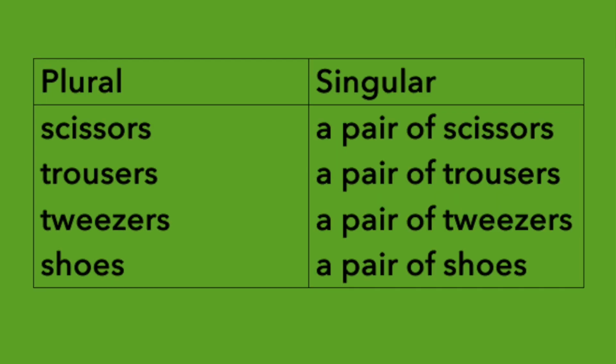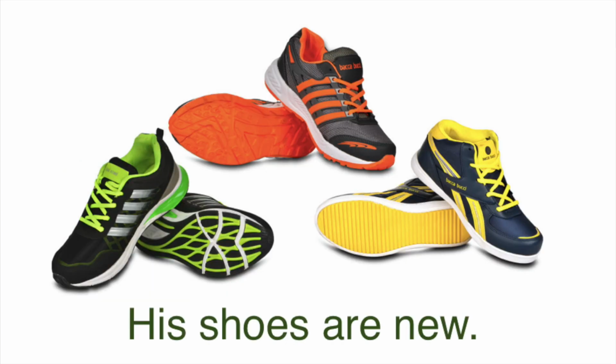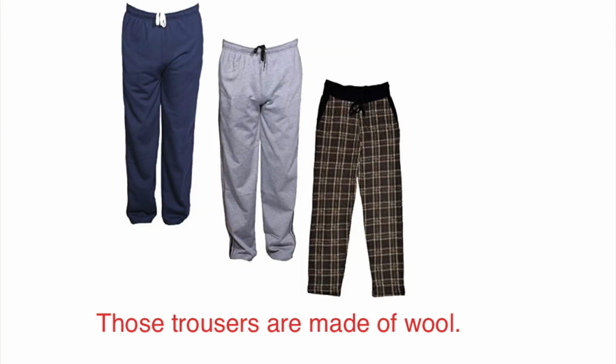Nouns such as scissors, trousers, tweezers, shoes require plural verbs because there are more than one. The scissors are in the drawer means there are more than one. His shoes are new. There are more than one pair. Those trousers are made of wool, more than one.